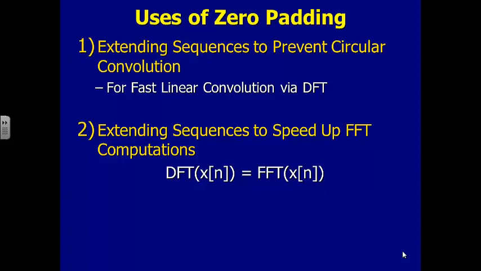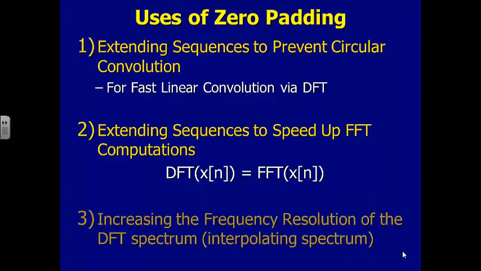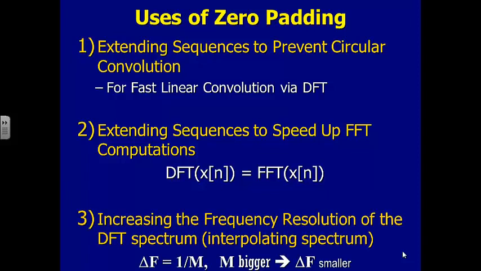I'm going to add more samples to this function so that the transform is faster. That shouldn't be, but it is a consequence of the algorithm that's used for fast Fourier transform computation. The other thing it can help me do is, if I add more samples, I get better frequency spacing. I have more samples dividing up the same range of frequencies, I get better resolution. So that's good for that.